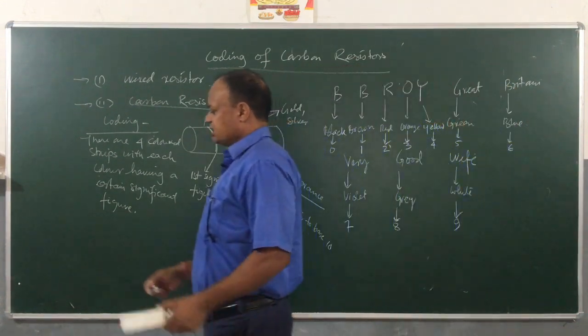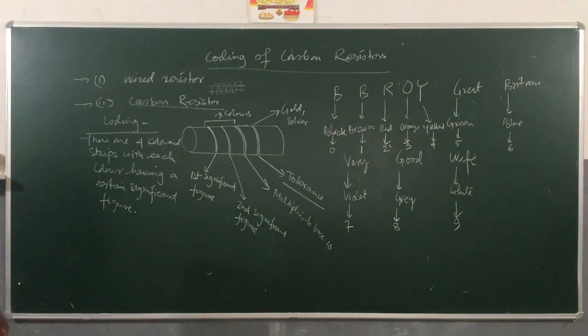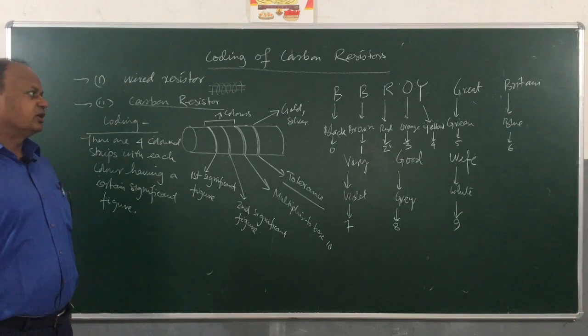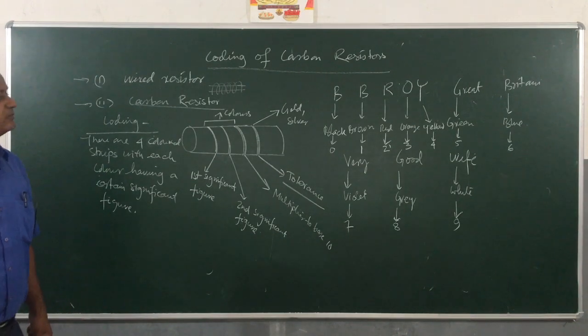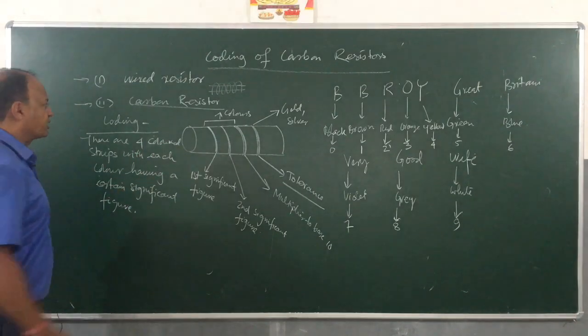So these are the significant figures that will be assigned: black, brown, red, orange, yellow, green, blue, violet, grey and white. The easy trick to remember is BB Roy, Great Britain, very good wife. Make sure you learn this trick.